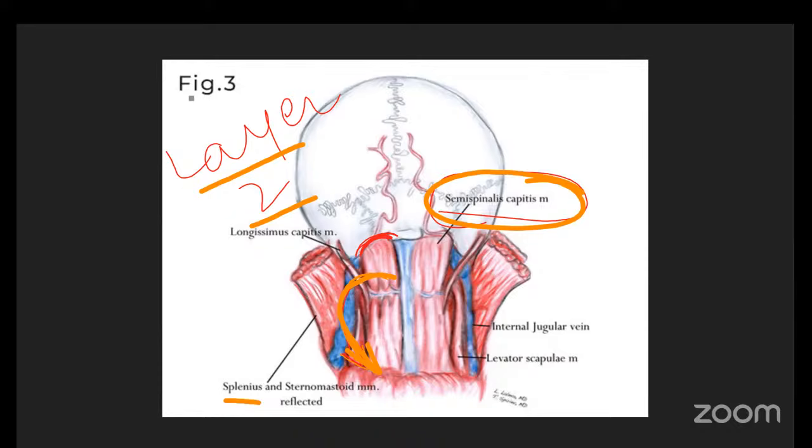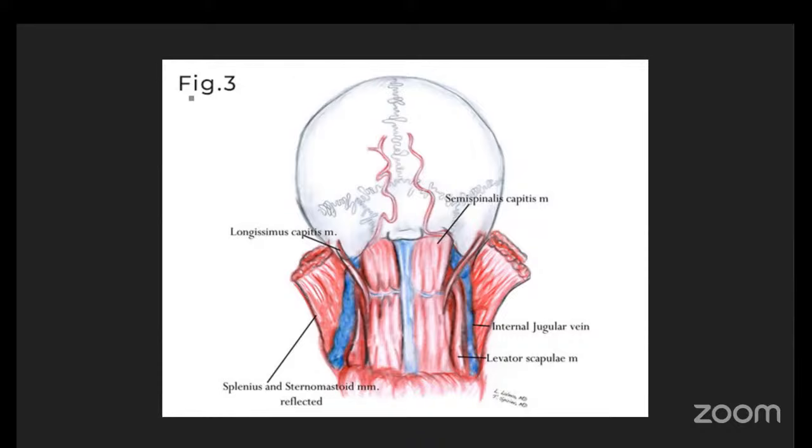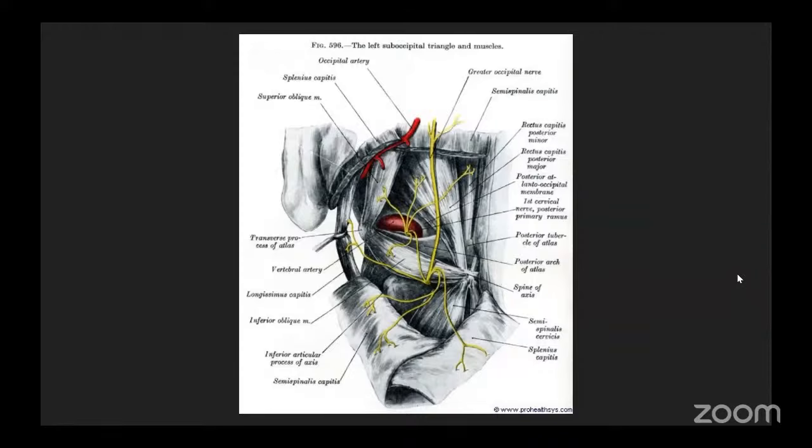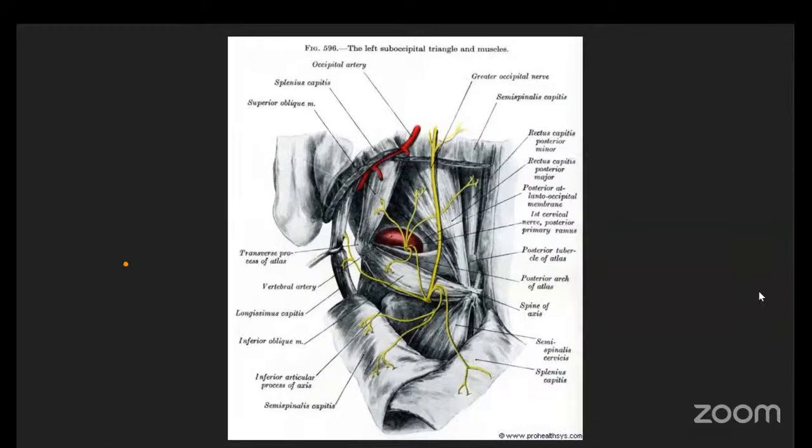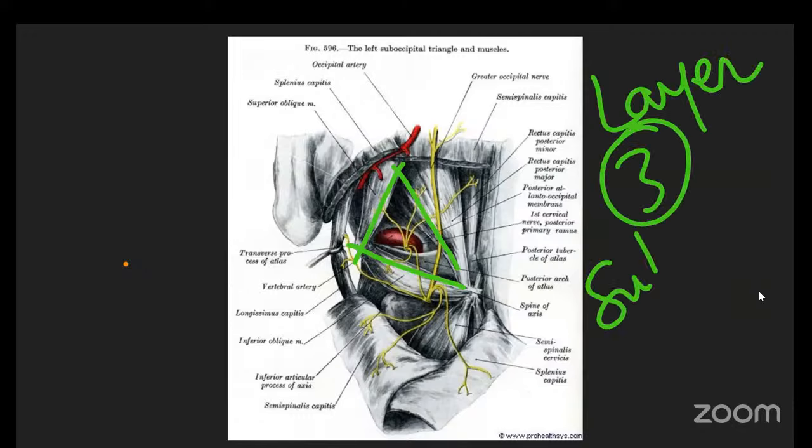What happens when we take away layer 1 and layer 2? Let me change my slide. This is layer 3, which was discussed very thoroughly yesterday. So I am expecting answers. What do you see here? What is this layer?